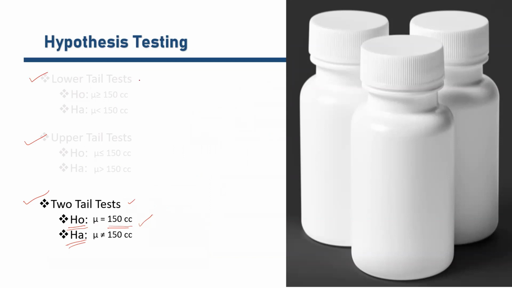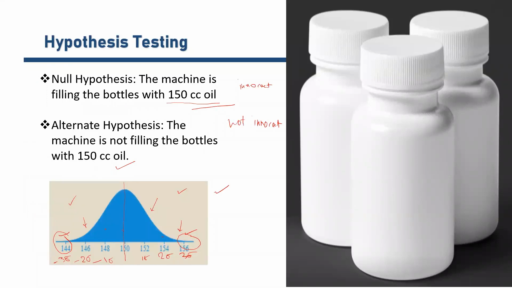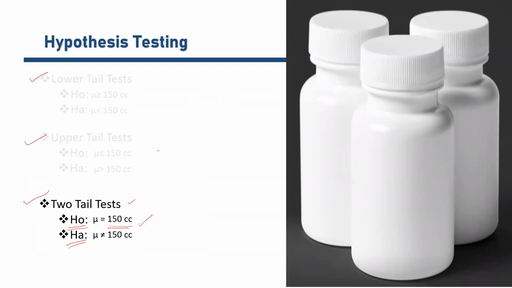But if I change the question with a small adjustment and say, check whether the volume is greater than 150, you are only worried about one tail, which is this tail, on the upper hand side of 150. In that case, you will be using an upper tail test.